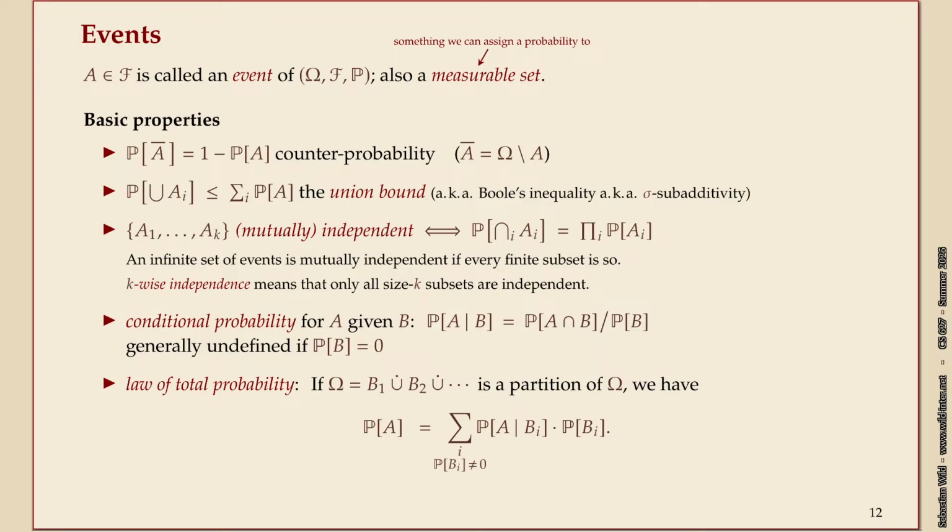The last bit we can do with events is talk about conditional probabilities. And in the end, this all kind of just boils down to sets and subsets and Venn diagrams.